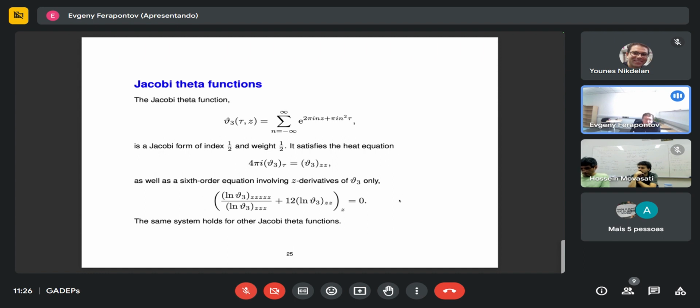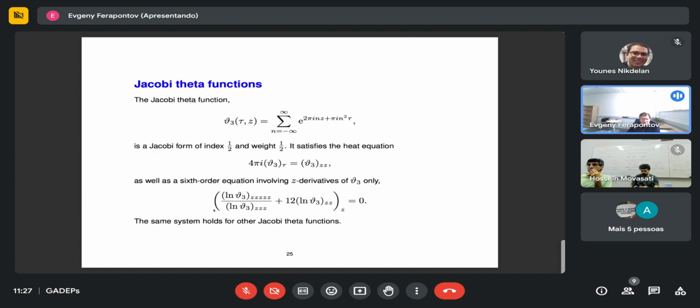But actually it's the same philosophy behind. Okay, I haven't seen this equation in the literature, although it's a very classical object, Jacobi theta function. There are maybe equivalent versions of this system, but they're not written in this simple form.